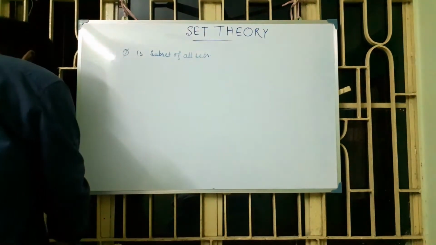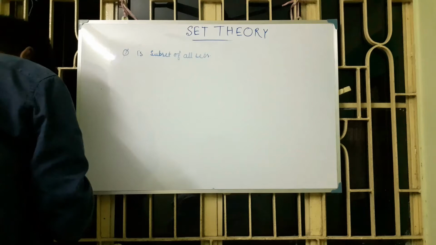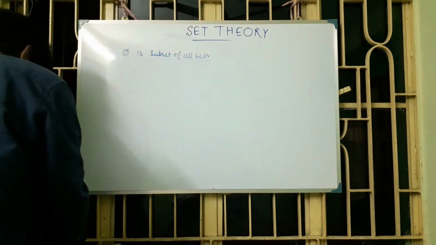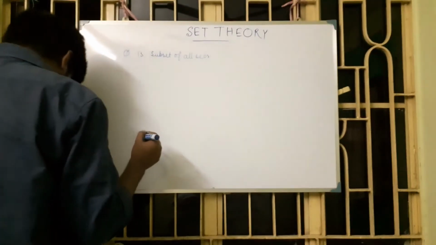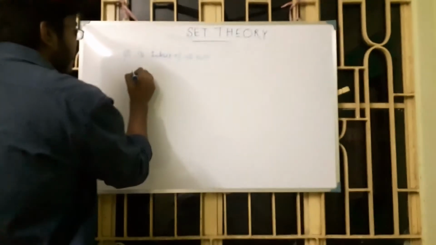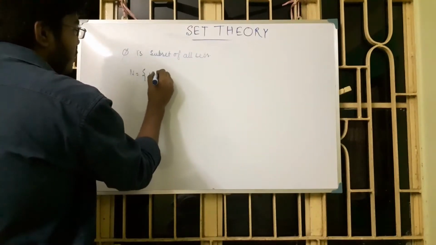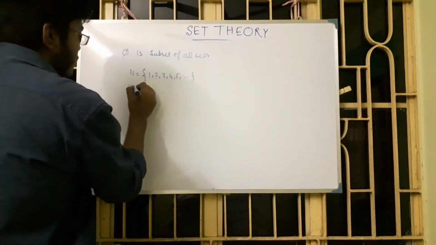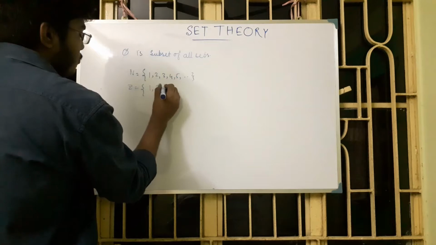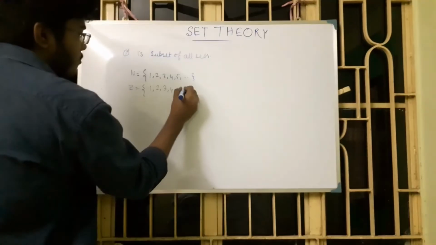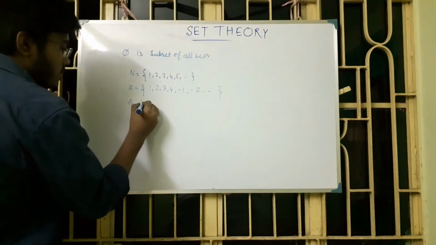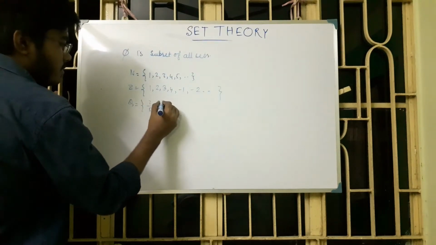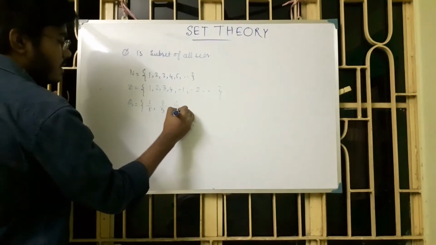Now, natural numbers 1, 2, 3, 4, 5, integers 1, 2, 3, 4, minus 1, minus 2, everything, and Q is, let's say, 3/5, 7/5, 6/8.